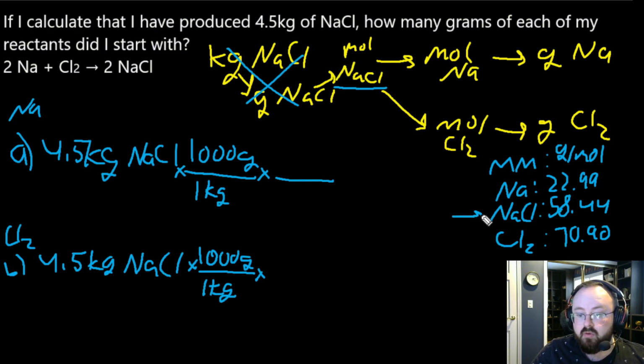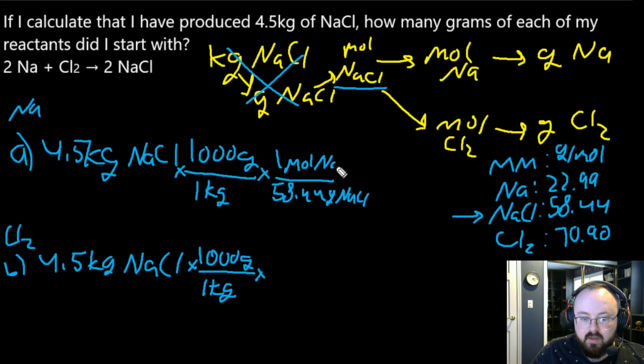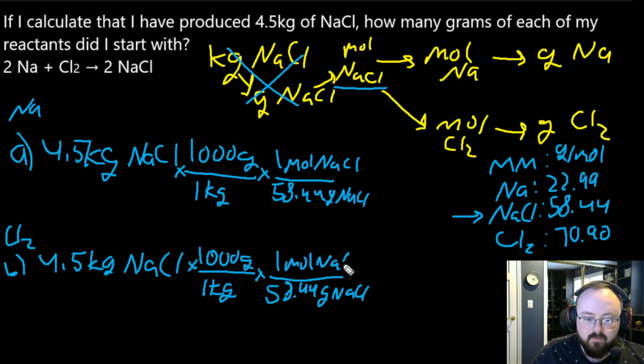We need our molar mass of NaCl. We have grams here on the top. That is 58.44 grams of NaCl for 1 mole of NaCl. Same exact thing right here. 58.44 grams of NaCl for 1 mole of NaCl.